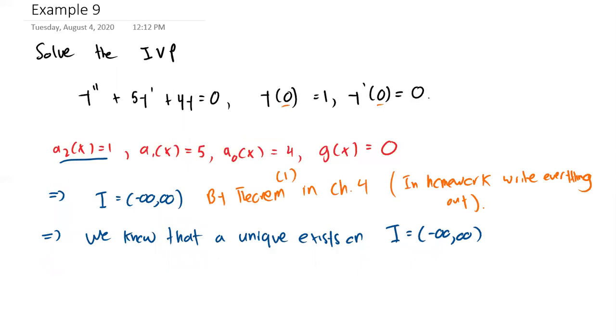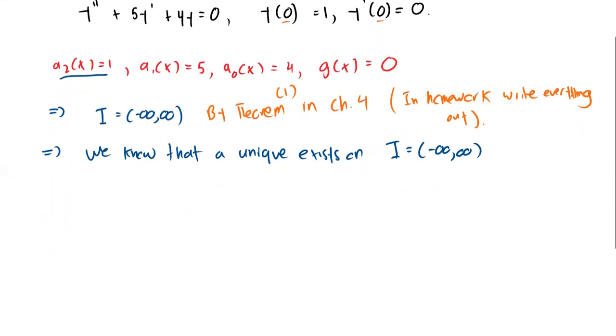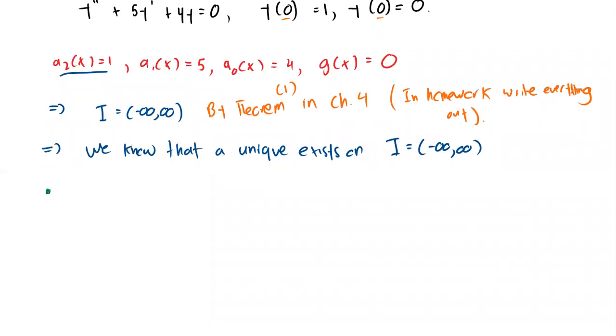Okay, so that's the idea. Let me make a note of that. This implies y and y prime are continuous on negative infinity to infinity, but for our purposes, we're only considering 0 to infinity.